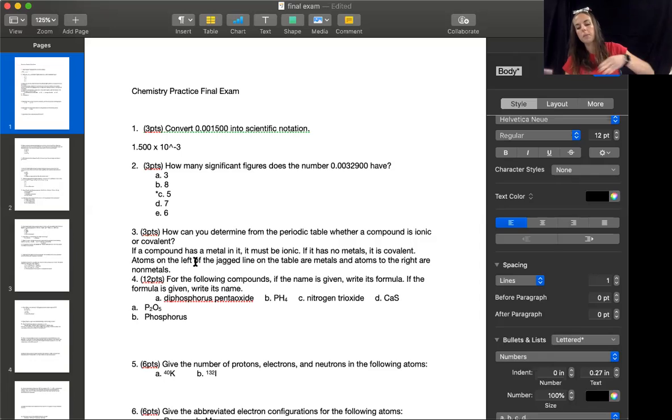Let me look back. I changed some of the questions, so I don't have the actual answer to this because I made it up. Okay, prefixes. Okay, 4 is tetra.